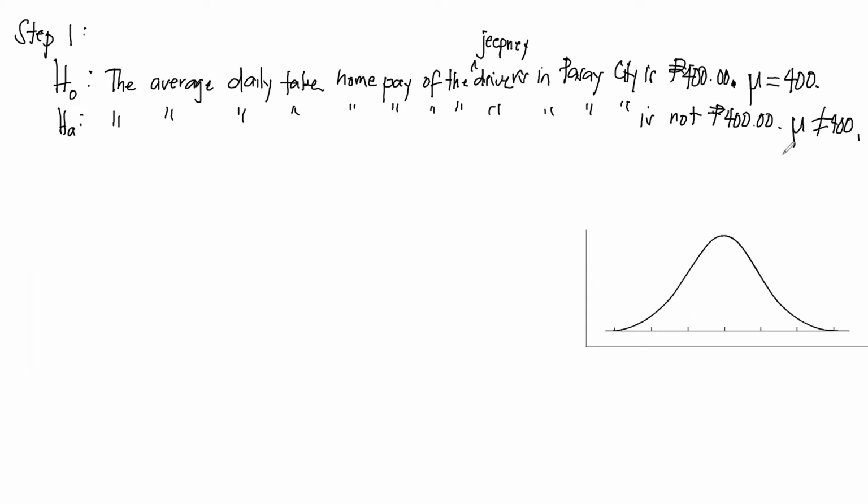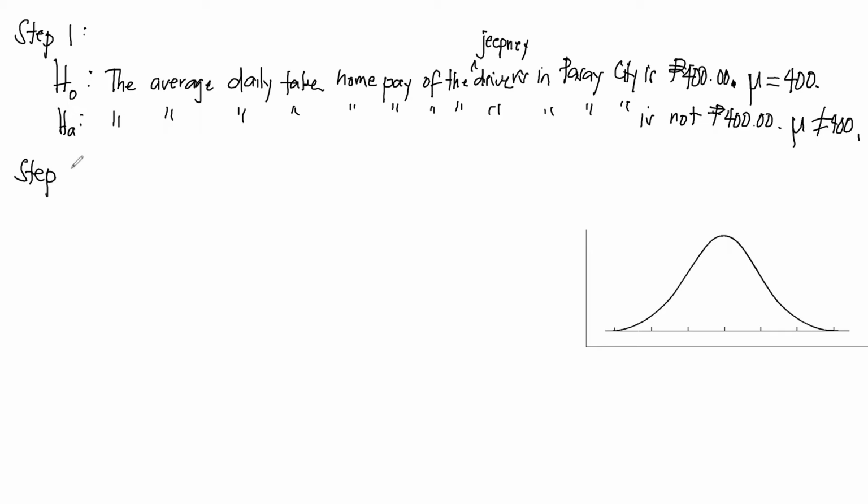There are some problems where we will have specific comparisons, such as greater than 400 or less than 400. But remember, in this example, we only see the word different. So we will just check if the average take-home pay is not equal to 400 pesos. So that would be for step one.